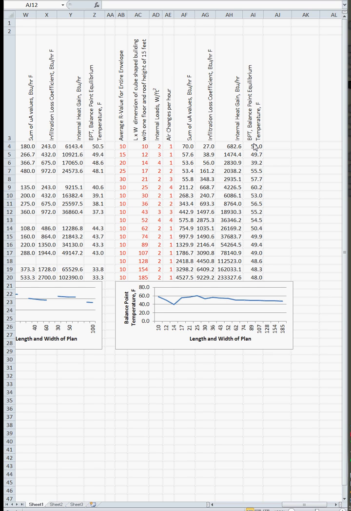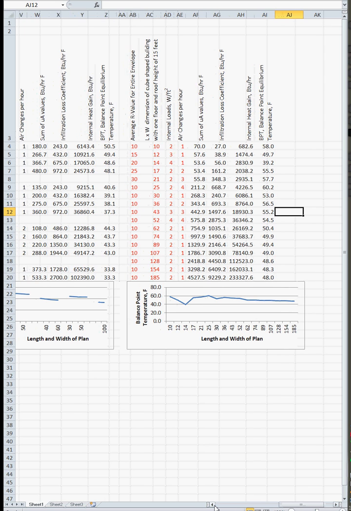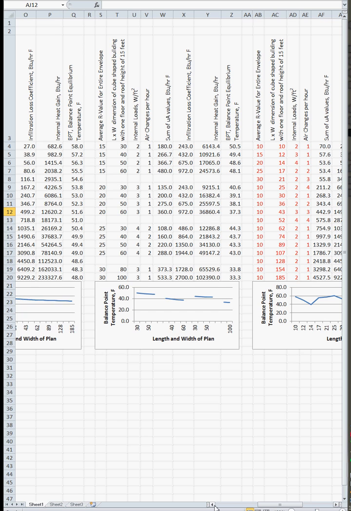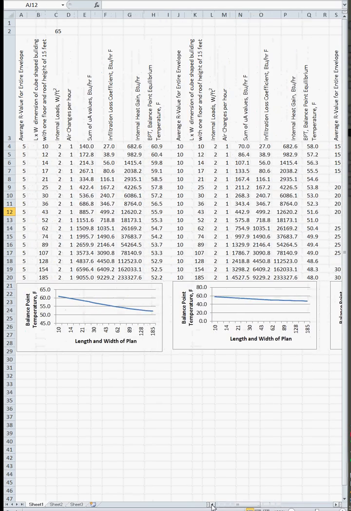Thought that might help you see some of how these factors impact balance point temperature. Remember again that this is somewhat like your own personal experience of comfort level.